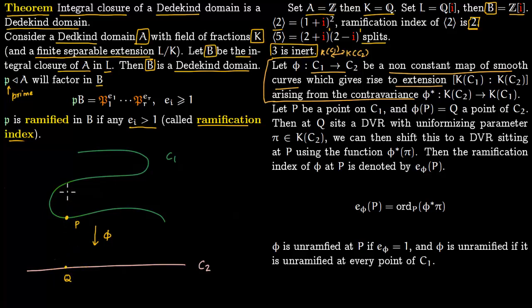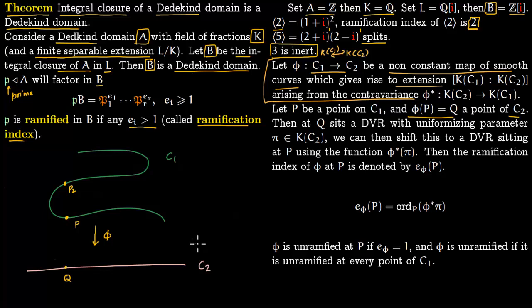Now there are other points also. Say there is a point P2 here which also gets mapped to Q, and there is some other point here which also gets mapped to Q. But we are just worried about this particular point P right now. So we are saying phi of P is Q, a point of curve 2.